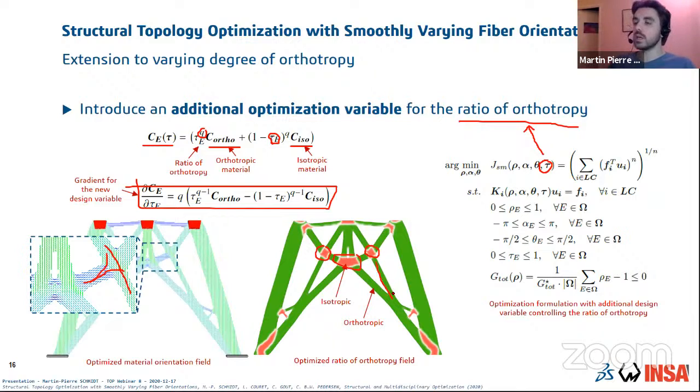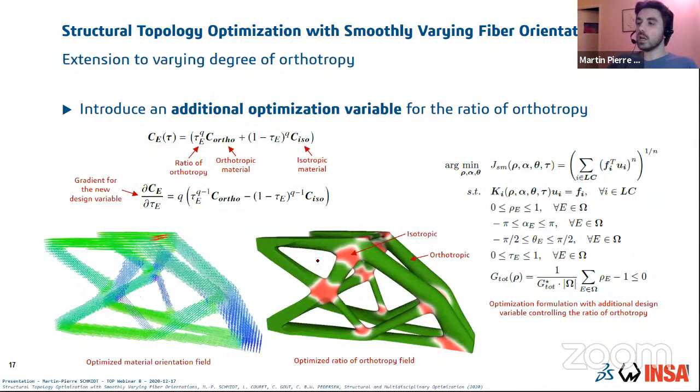And in those beams, the fibers are aligned along the length of those beams. So we can do the same in 3D. And again, we observe this same kind of result where we have the design having isotropic hubs connected by long and slender orthotropic beams with the fiber orientations aligned along the length of this beam.